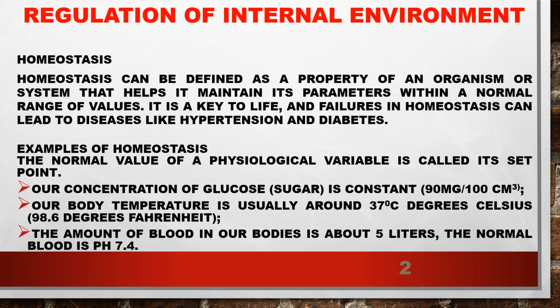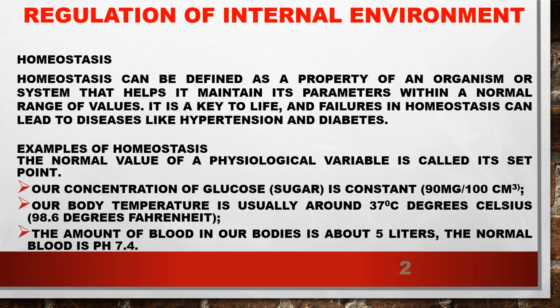Our internal system, the parameters in our body, referred to as concentration of glucose, amount of water in the body, temperature, volume of the blood, vitamin content. All these parameters are supposed to be kept within a narrow limit for normal physiological function of the organism.